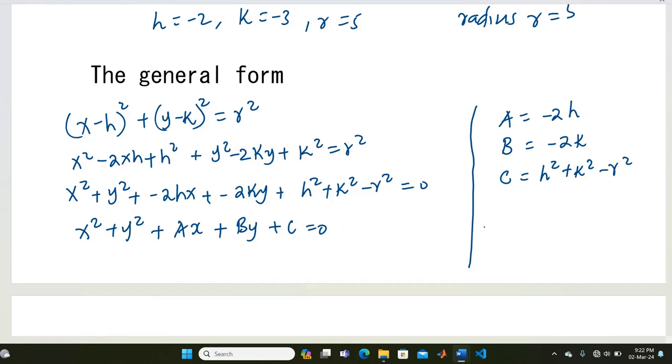For example, let us look at this example.